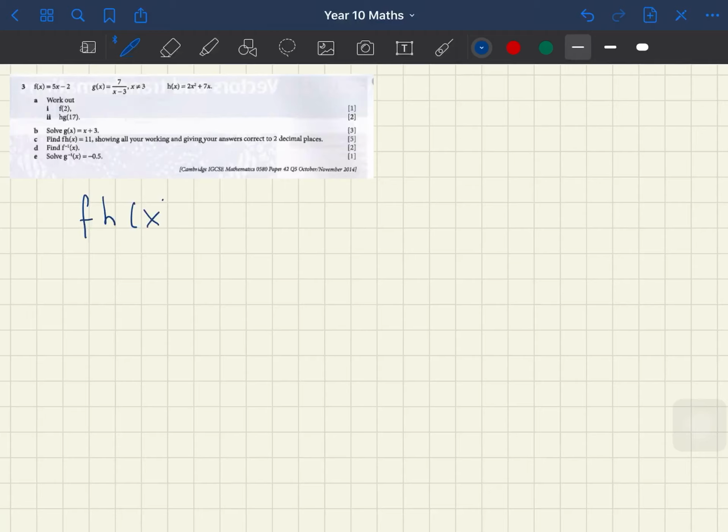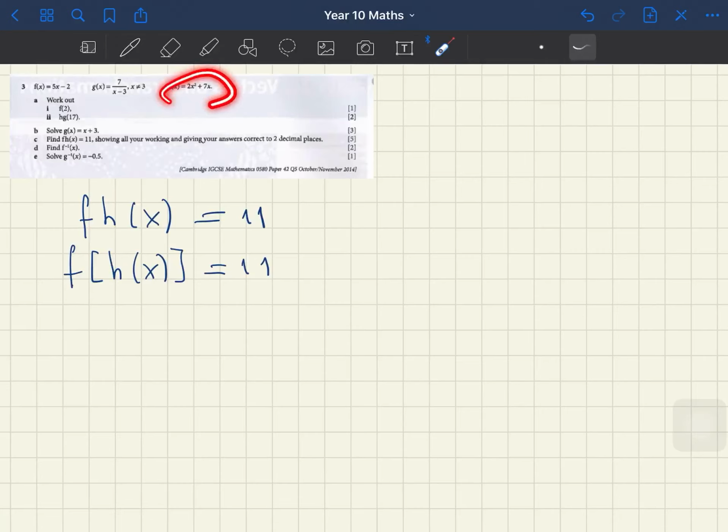f(h) from x equals 11, right? f(h) from x is the same as f from h from x, right? Equals 11, and we know that h from x equals this, right? So we can replace it.